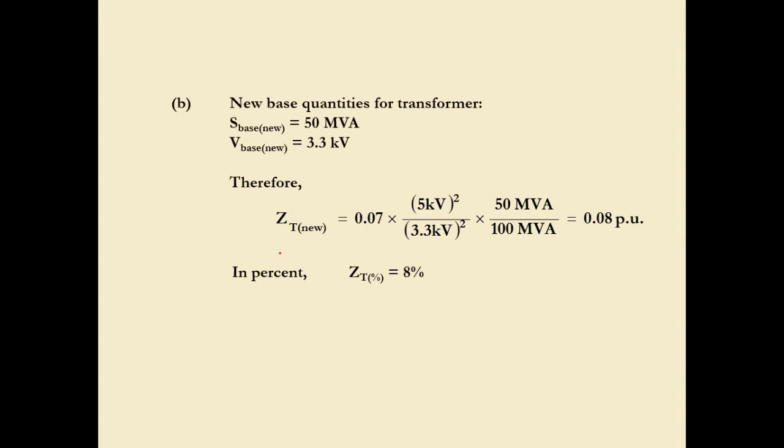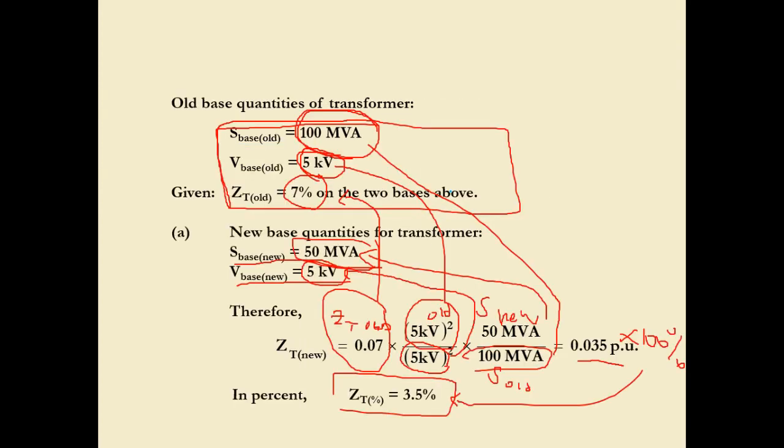So now the second condition, we convert everything to the new base quantities stated over here, S base 50 MVA and V base 3.3 kV. This is old ZT. So ZT old again. This is the old V, and this is V new. The old one is from the transformer voltage rating.